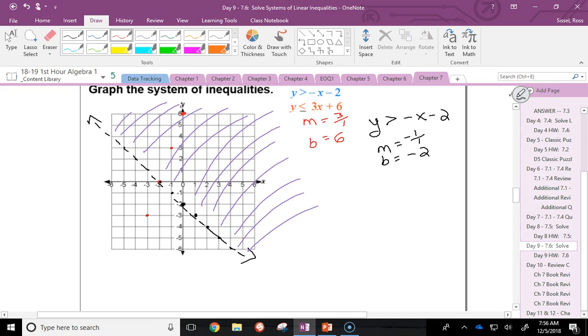All right. And this line will be solid because it's less than or equal to. And I'm going to shade anything on the left side since it's less than.